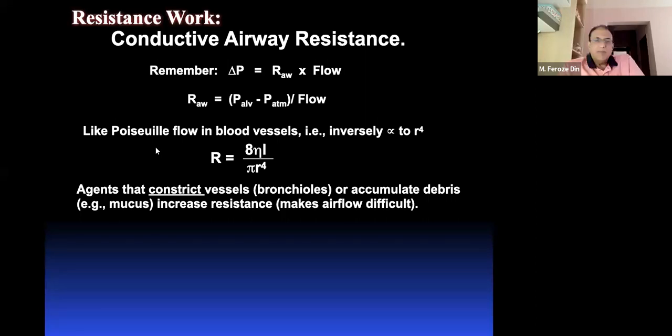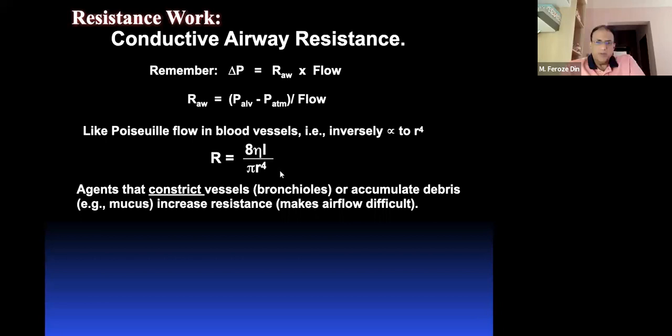fluid in vessels says that the resistance to flow of a fluid in any vessel would be 8 times eta times L, where eta is the viscosity, and for our purposes you can just say it is the viscosity, divided by pi r to the power 4.